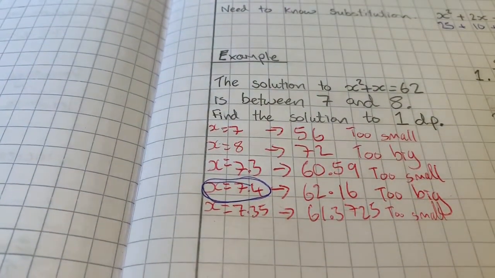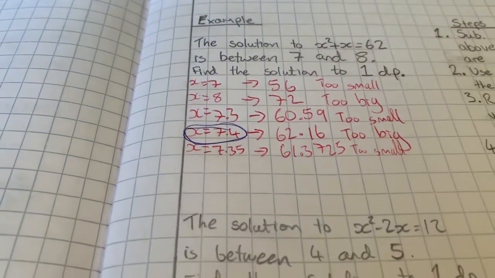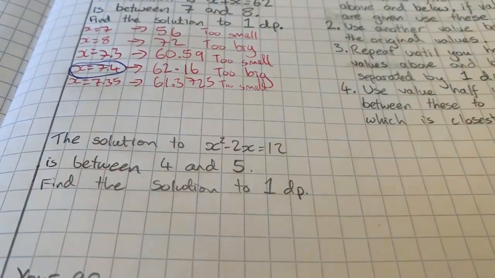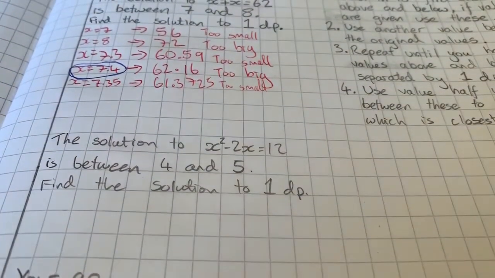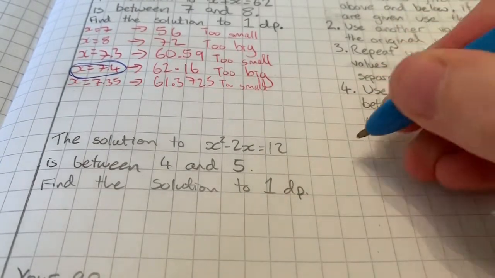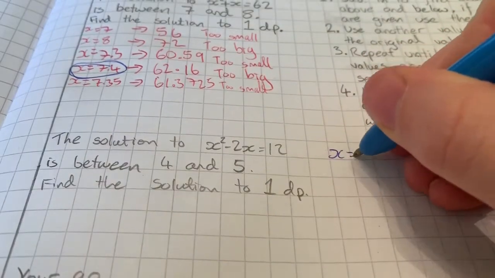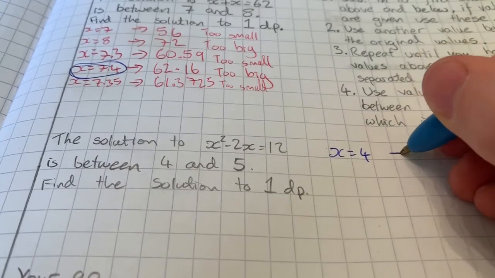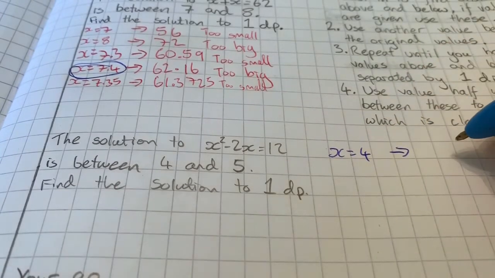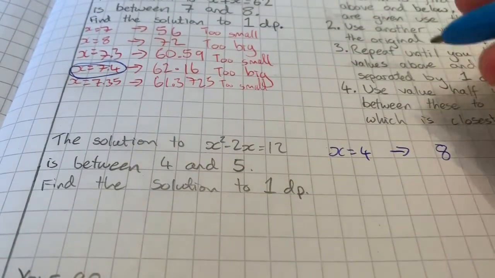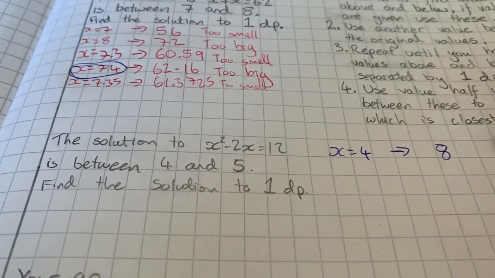Okay, so I've got a second one here that I'll go through pretty quickly, same process. I've got x squared minus 2x equals 12, and the solution is between 4 and 5. So I'm going to start with x equals 4. I get one hopefully too small, so I substitute that in. Like I said, you could use a calculator. If you substitute that in, you should get a solution of 8.